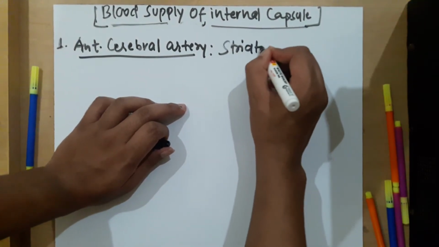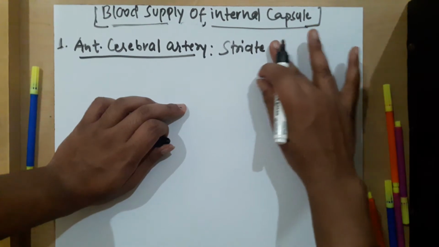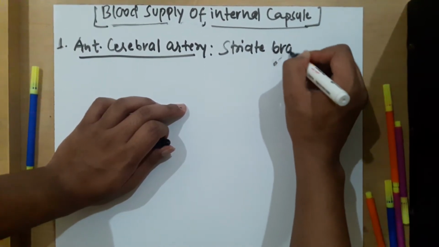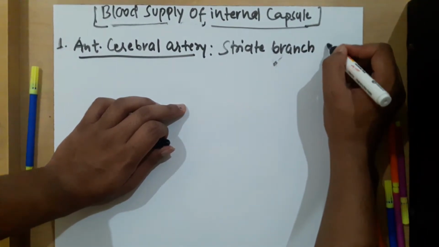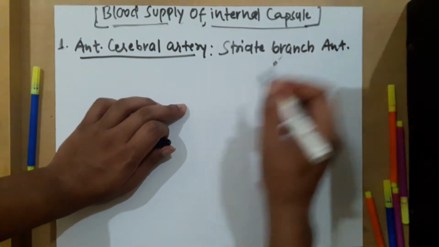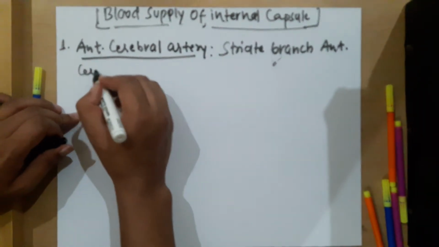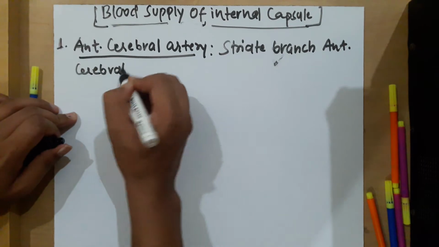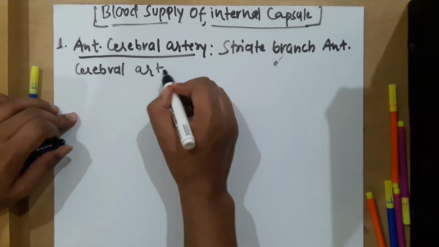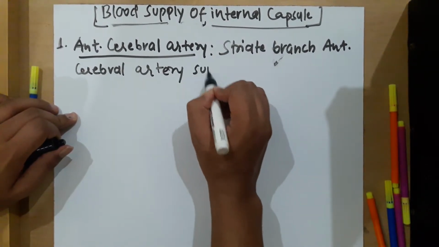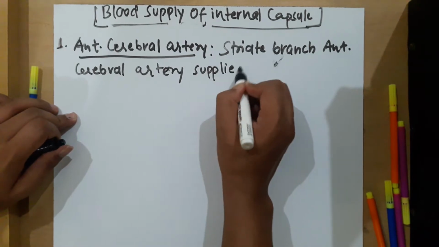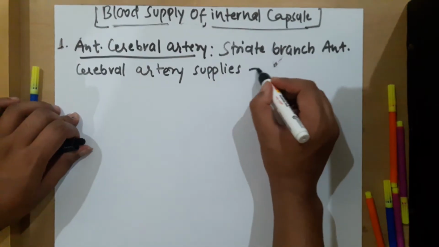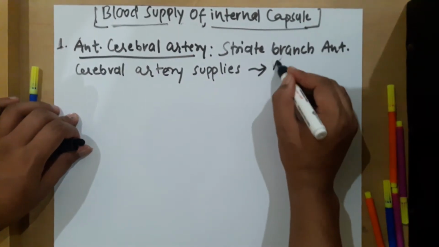The straight branch of the anterior cerebral artery supplies the anterior limb and the genu.